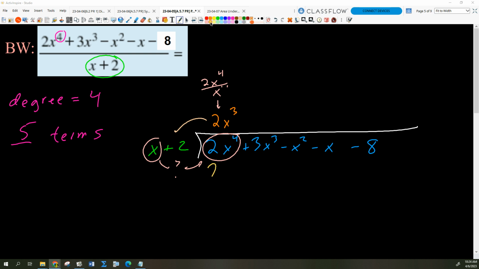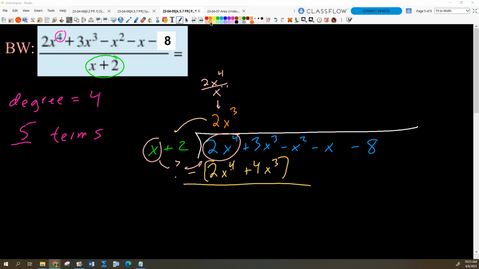So 2x cubed times x is 2x to the 4th. 2x cubed times 2 is 4x cubed, so that's positive 4x cubed. Then remember, I'm going to put the whole thing in brackets and put a minus sign outside and subtract in triangles. 2x to the 4th minus 2x to the 4th cancels.